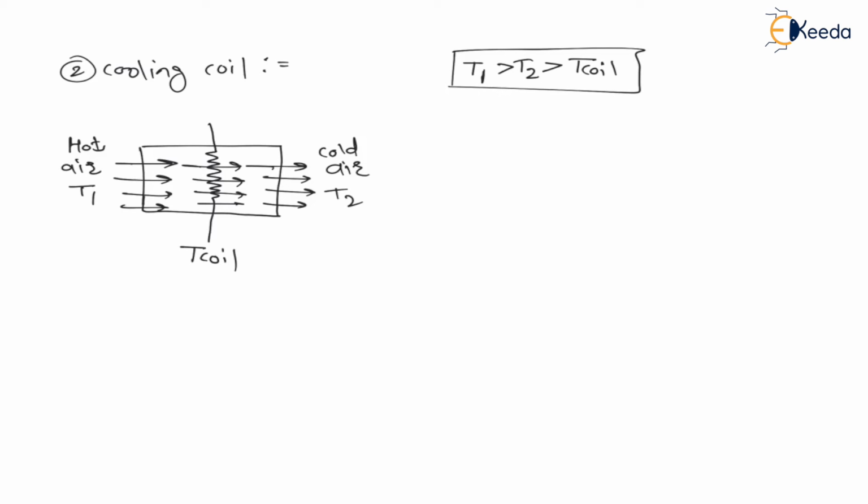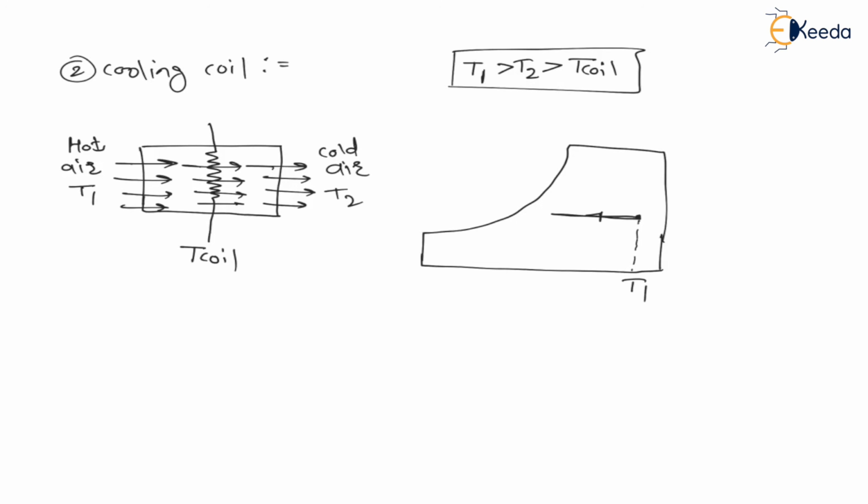So if I draw the psychrometric chart for this case, it will be like this. It is a cooling coil, meaning sensible cooling, and for sensible cooling initially the temperature of air is T1 and the temperature is decreasing. Now the temperature will reach up to T2, but the temperature of coil is less than T2 also.